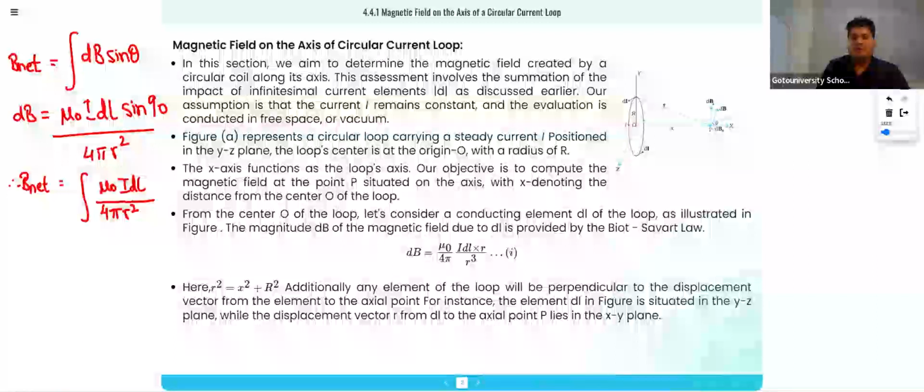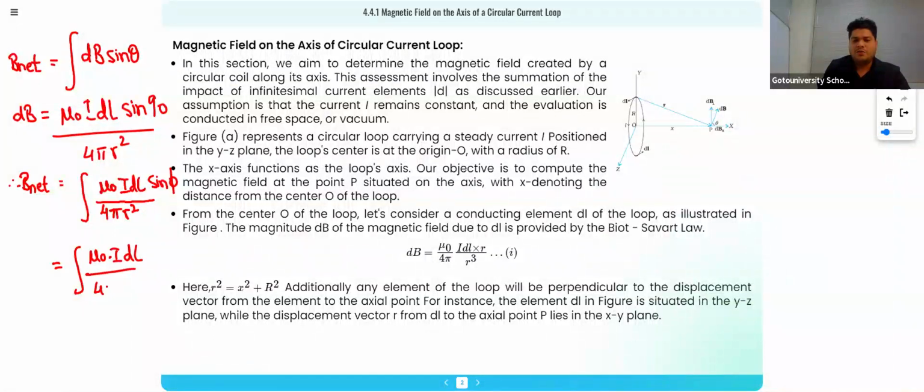Now, if you're talking about the net, it can be because of any angle, so you can write here sin phi. So this will be equal to the integration of mu naught I dl upon 4 pi r square. In place of sin phi, you will write R upon r. So this will be equal to the integration of mu naught I dl into R upon 4 pi r cube.